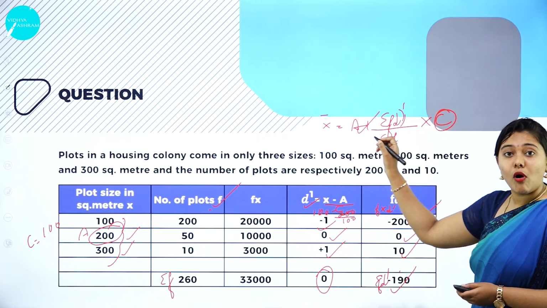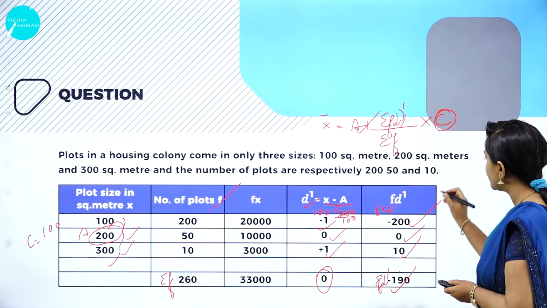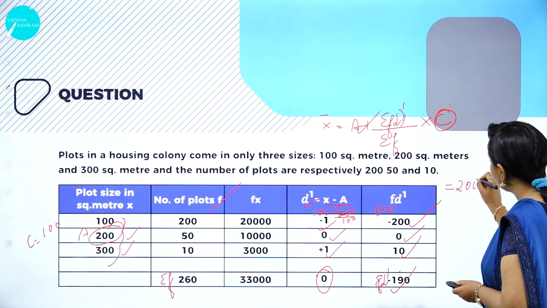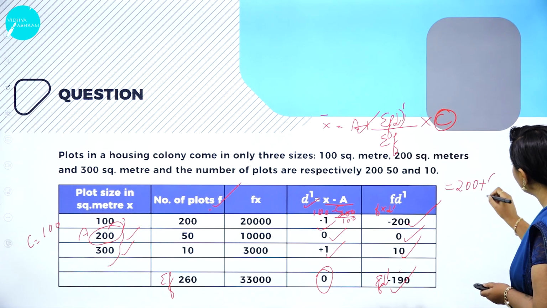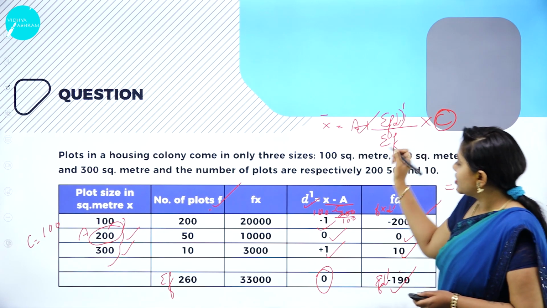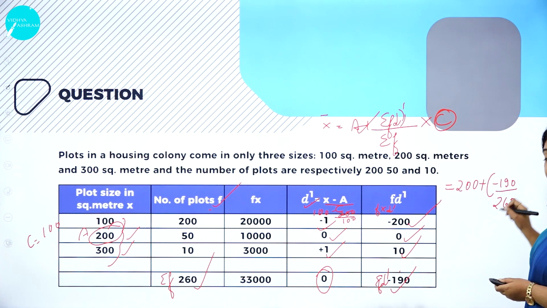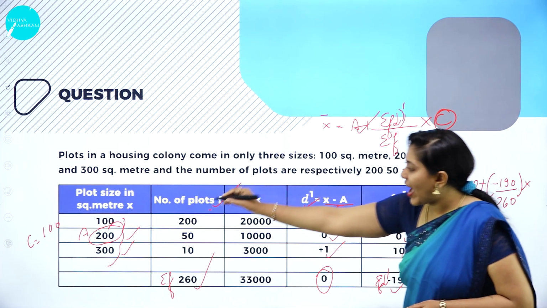So you got FD dash now. Let's put all the values into the formula and see what the mean is. What is the assumed mean? The assumed mean is 200 plus sigma FD dash, which is minus 190, divided by sigma F, which is 260. And next, what is the common factor?